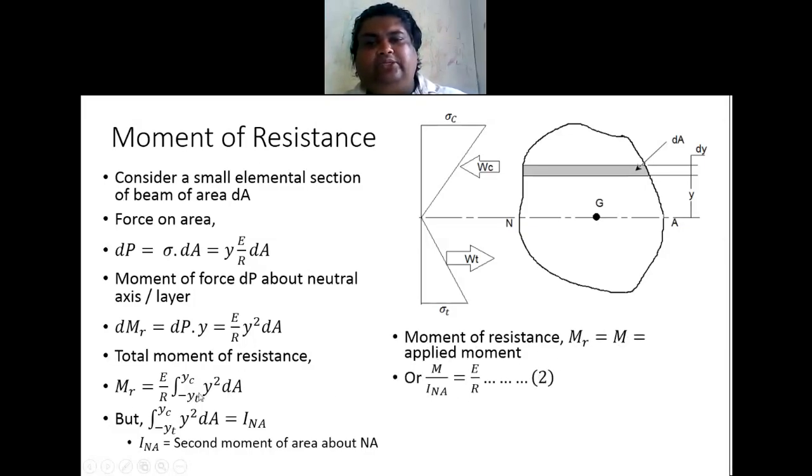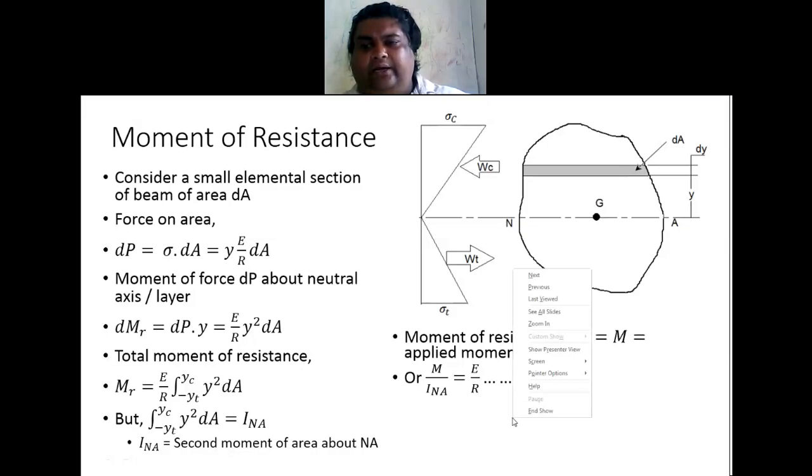So when you substitute in this equation, M by I_NA, which is the second moment of area or moment of inertia about the neutral axis, is equal to E by R. Now this is my second equation.